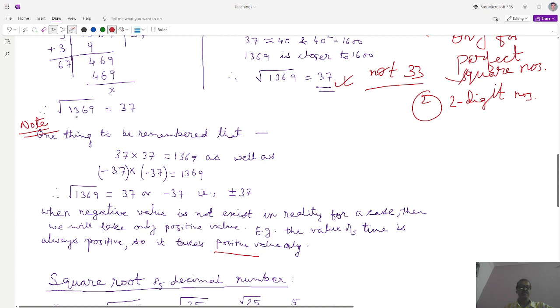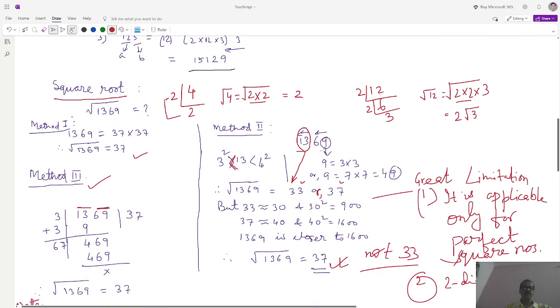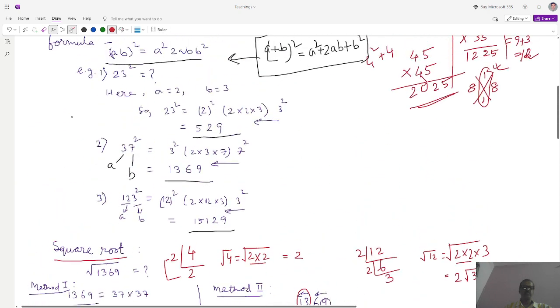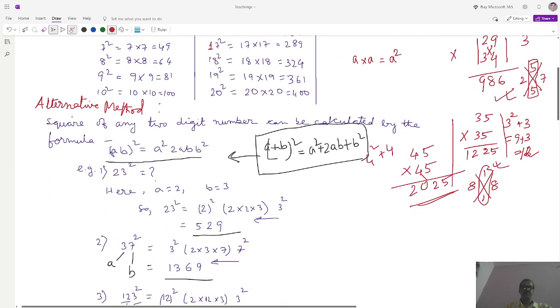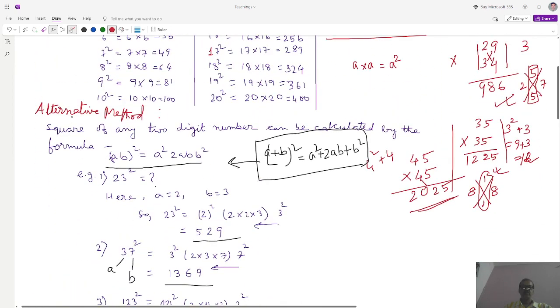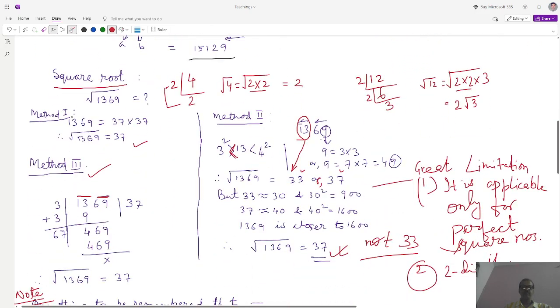In many cases, the negative value exists, so this also has to be taken into consideration. But here I am only explaining about the positive values. That is why I didn't talk about the negative value. Right?